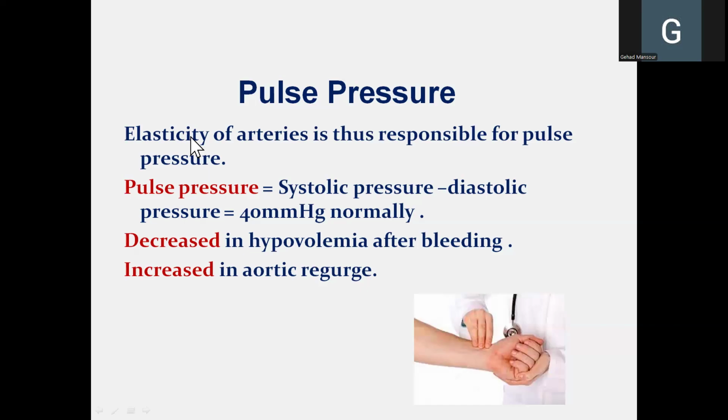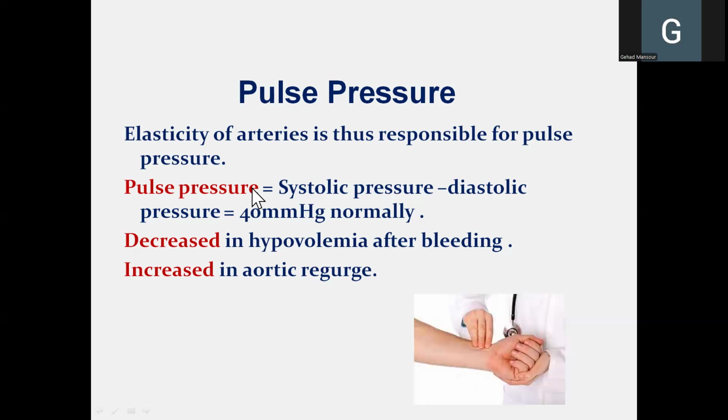So the pulse pressure, we said before that because of the elasticity of the arteries, they expand and recoil, expand and recoil. And this is responsible for pulse pressure. So the pulse pressure results from the systolic expansion and the diastolic recoil of the arteries.